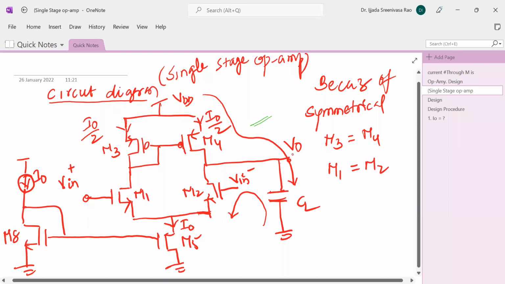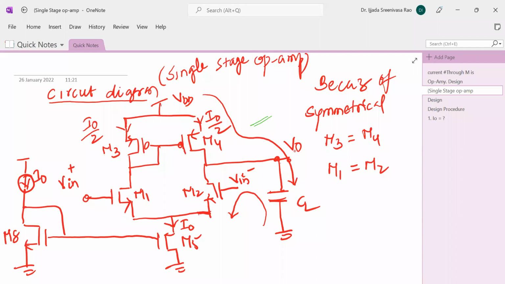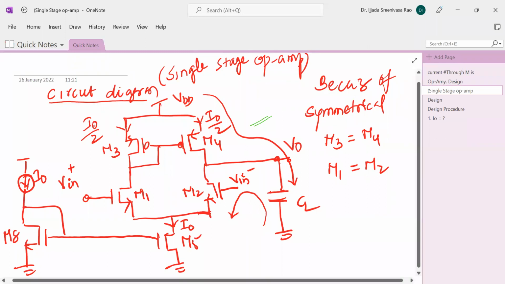This is the output node voltage V0. How does the voltage V0 at this node rise and fall? Because of the capacitor charging and discharging, the V0 value may be increasing or decreasing. Whenever you are talking about the slew rate, meaning the charging and discharging of this capacitor, assume that one side is completely off and this side is only on. Clear? Understand?